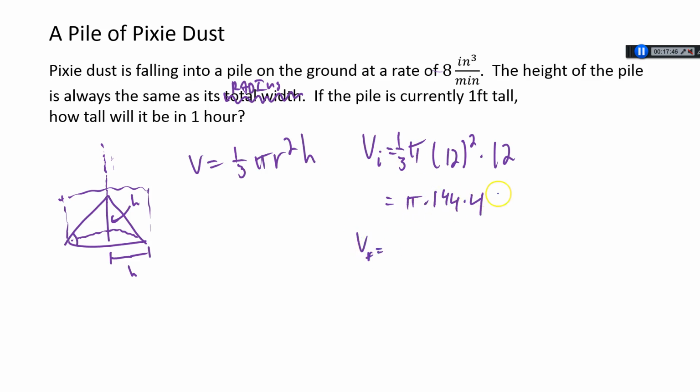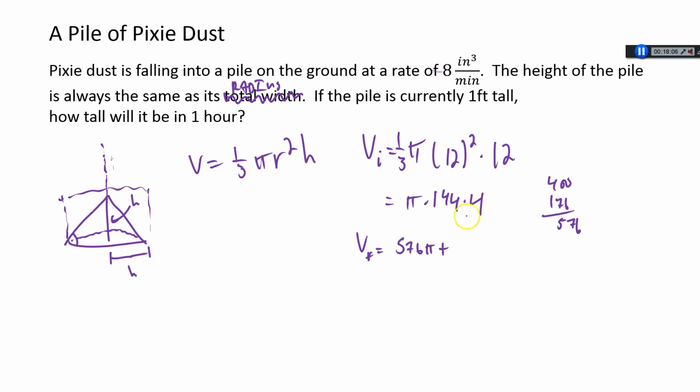Now I want to figure out what my final volume is going to be. Well, I started with this 4 times 144. Let's actually figure that out. That's going to be 400, and then 4 times 44 is 176, so that total is 576. So we have 576 pi.